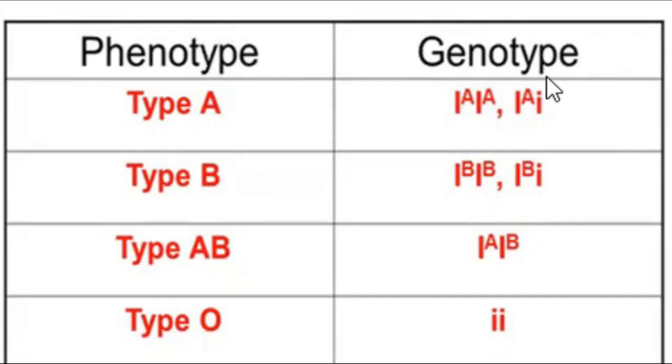And then the genotype: what is the composition of that blood group A? Is it homozygous or is it heterozygous? That is what is called the genotype. You are describing your blood group in terms of genes, the kind of genes you have.